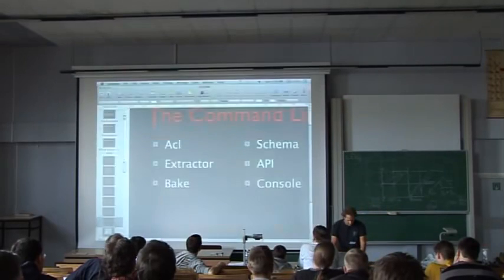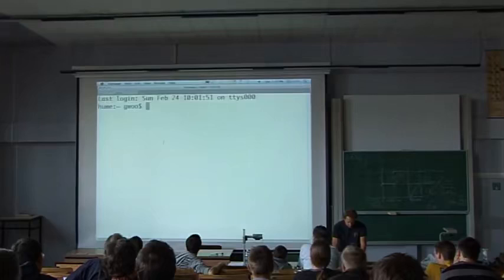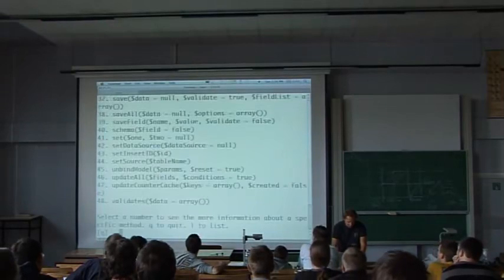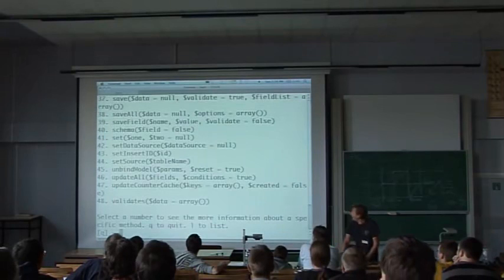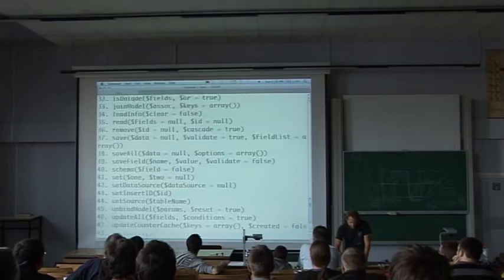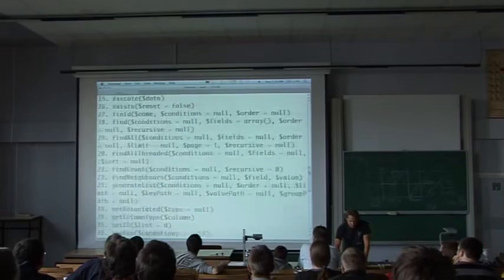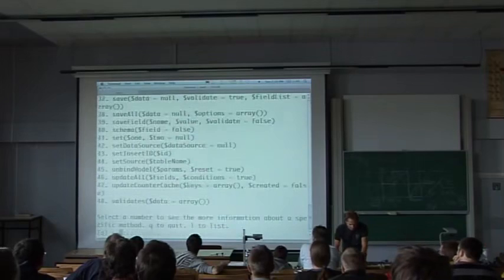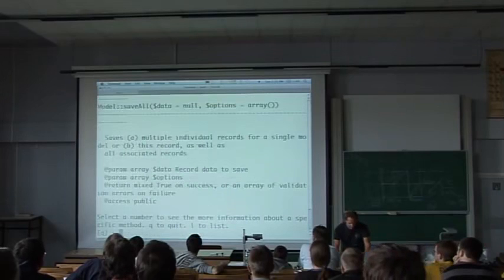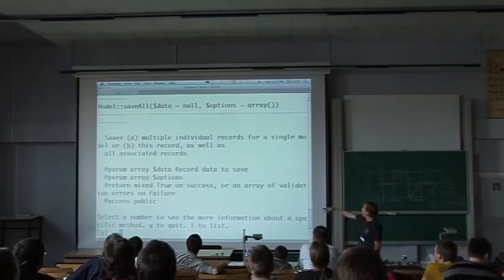I'm just going to quickly try and show the API here. So Cake API model, for instance, lists out all of our model methods. So we can see what all of those are. And let's say we want to look at saveAll, for instance. This will tell us a little bit more about saveAll. It takes data and options, and saves multiple individual records for a single model.